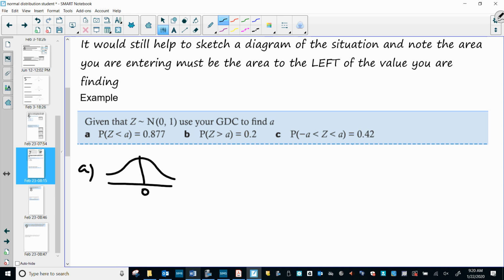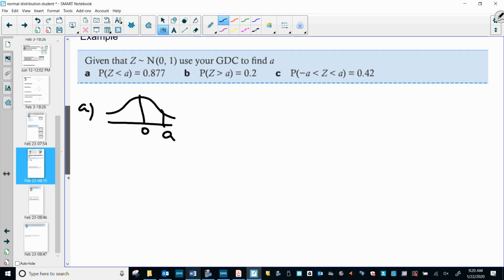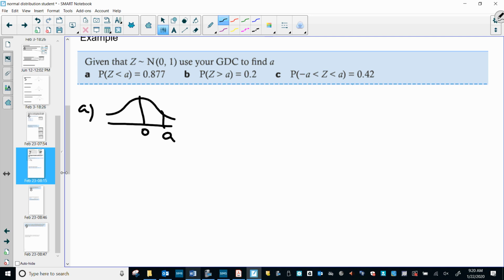So are we going to draw A over here, left or on the right? On the right, yes? So A is going to be here. The area we're looking for has got to represent 0.877, which is more than half. So it's got to be on this side, because we're talking about less than.